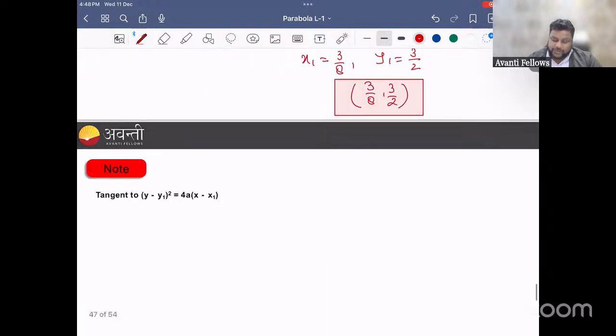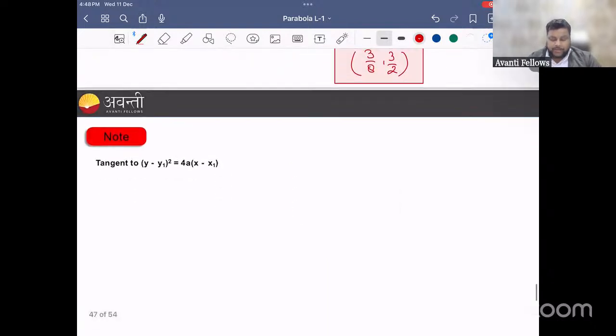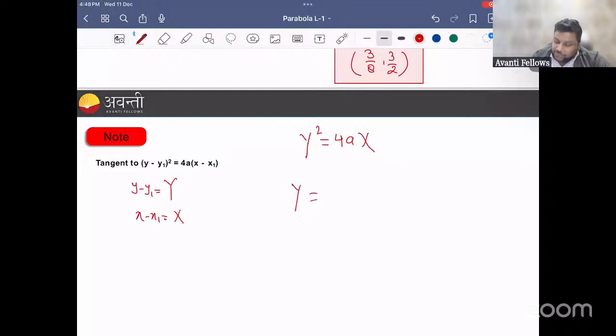So this is how we get the equation of tangent. Now see, you need to find the tangent of a shifted parabola. Again, what did I tell you? Replace y minus y1 as capital Y and x minus x1 as capital X. So for the parabola Y square equals 4aX, the tangent is Y equals mX plus a by m.